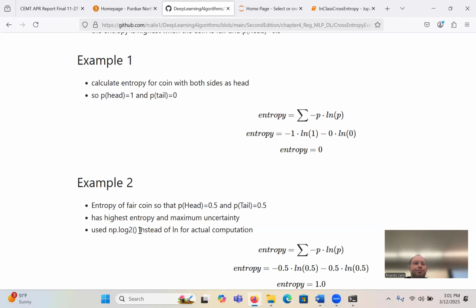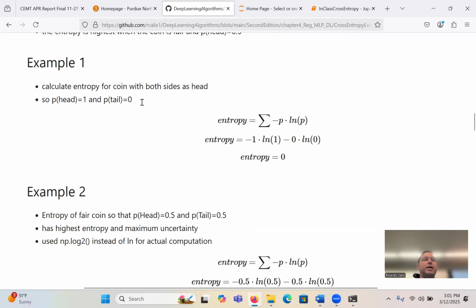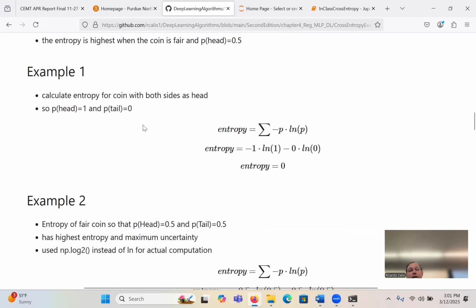All right. So we have, for instance, example one: calculate the entropy for a coin with both sides as head. So the probability of head is 1. Therefore, the probability of tail is 0. This is a binary problem, so it's the sum. How do we do that?